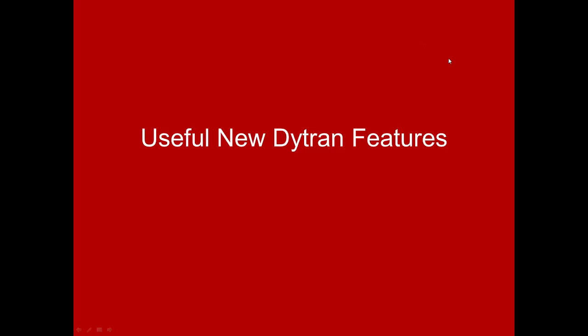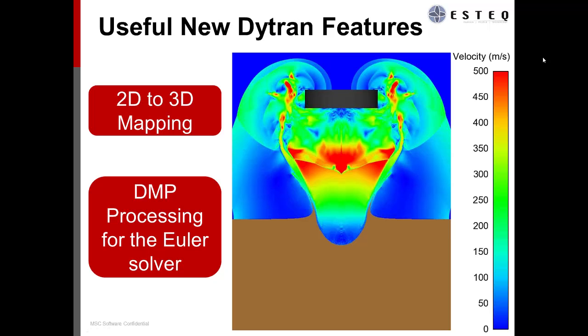I'll just draw your attention to some useful new Dytran features now. These have been introduced and developed over the last few versions. The first one is 2D to 3D remapping.